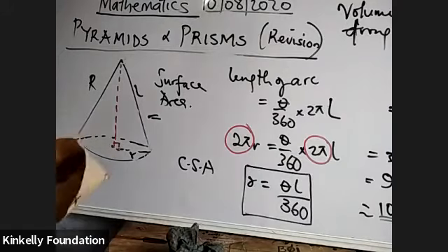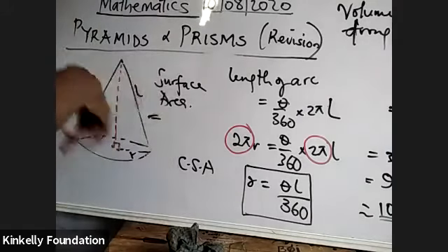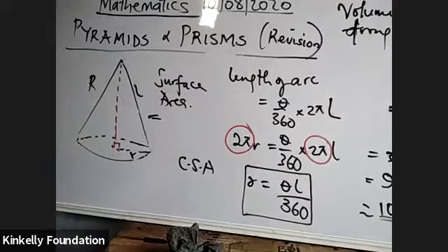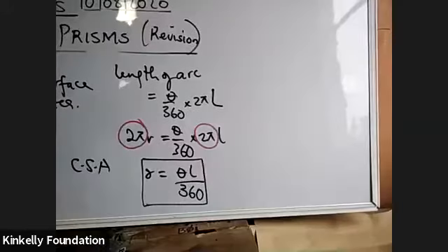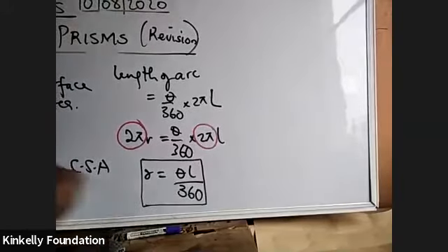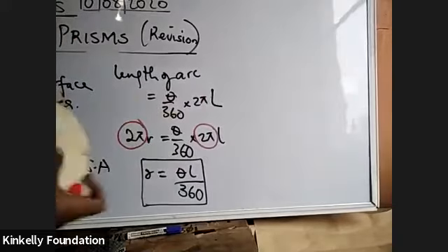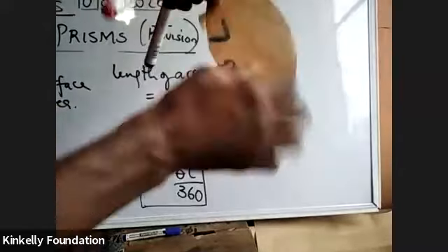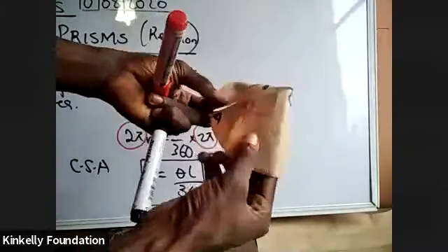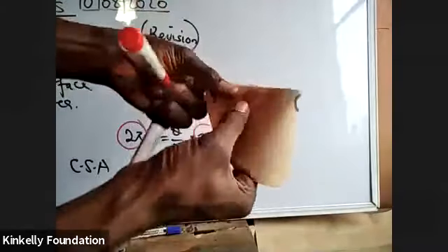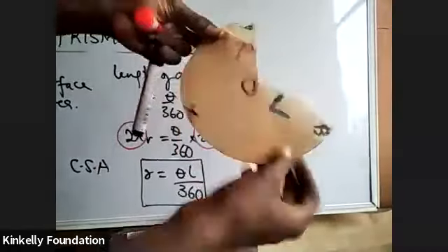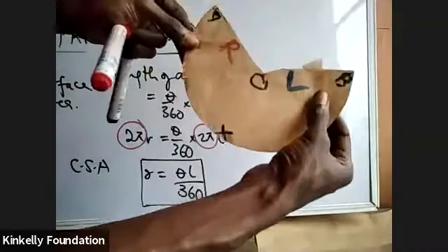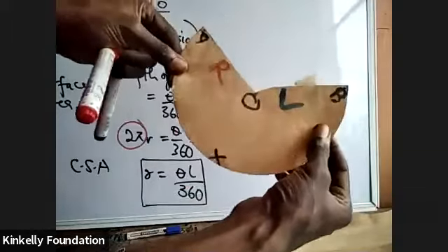Now we are going to get the curved surface area of this shape. To get the CSA, remember that the curved surface area is similar to the area of this sector, and this is a sector of a circle.